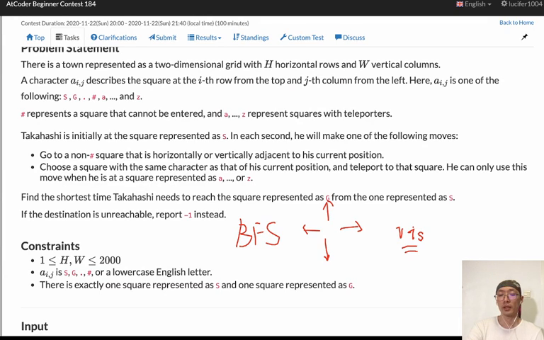But how do we take into account the teleports? There can be many cells with the same character. We might have 1 million A's, 1 million B's. So if we just naively implement the algorithm, then besides the 4 possible directions, for example, if we are at A right now, we will try all the other A's.